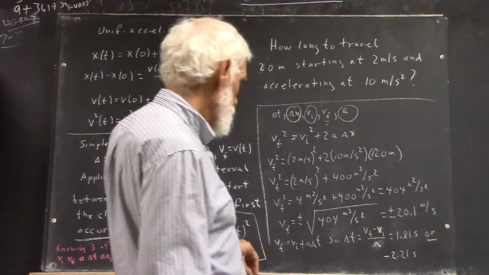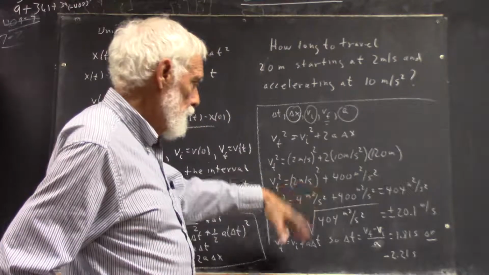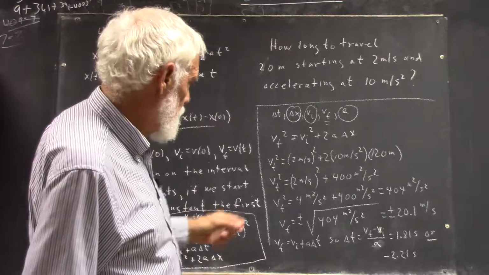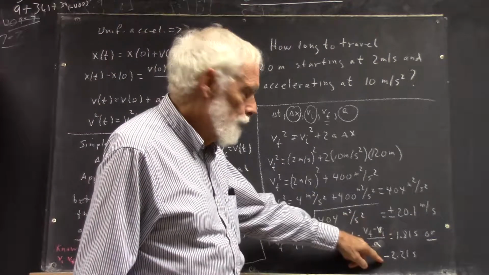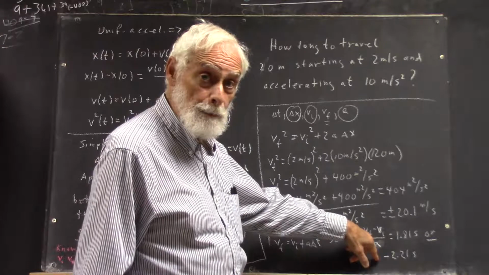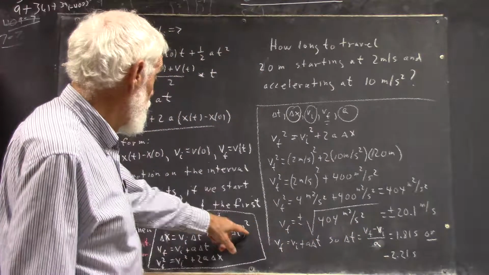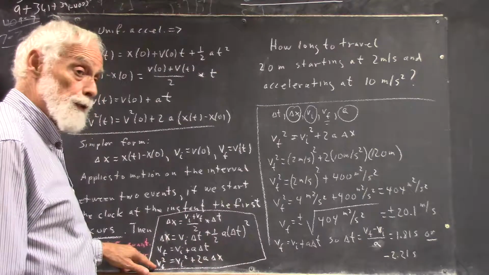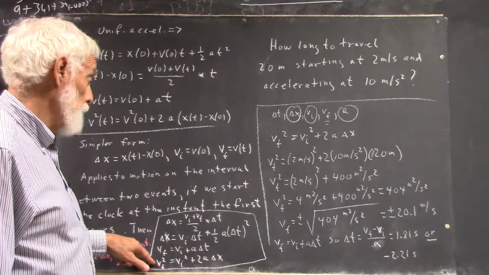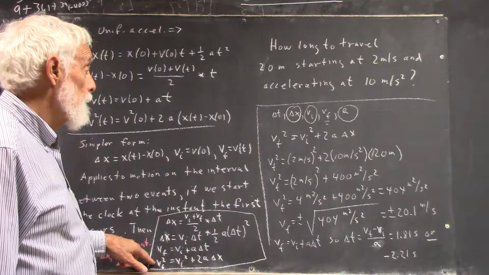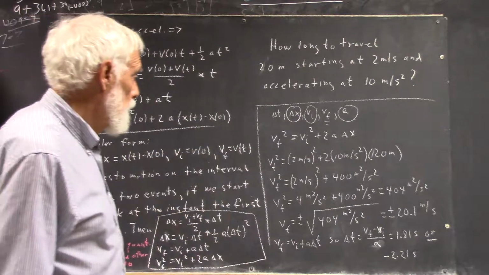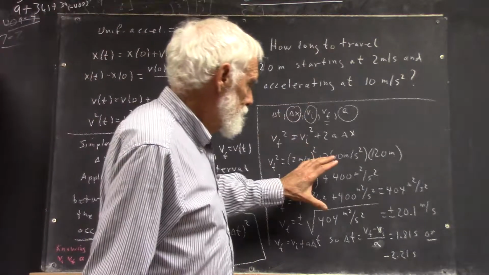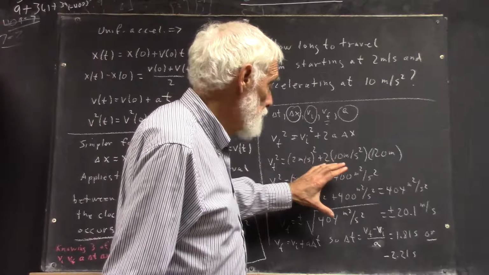And you want to kind of try to visualize that. I'm not going to go into a lot of detail to explain it. I'm just pointing out that sometimes you have two solutions for the time because of the quadratic nature of this and the quadratic nature of this one, actually, since VF is squared. Okay, so that's one possibility.